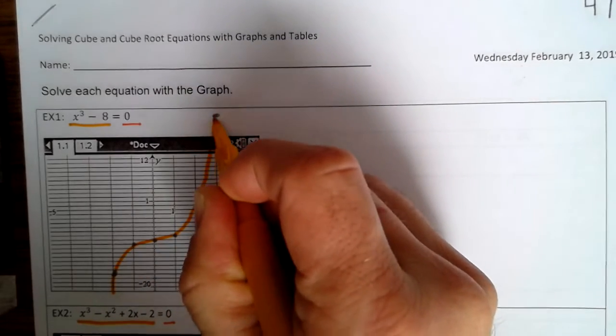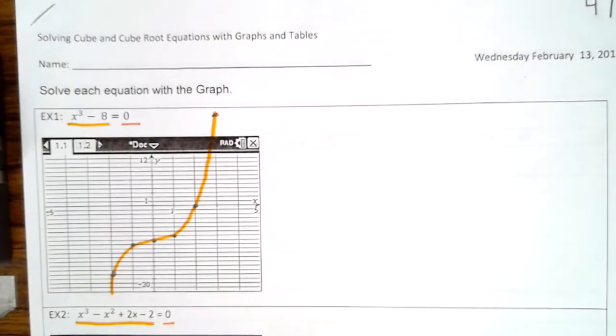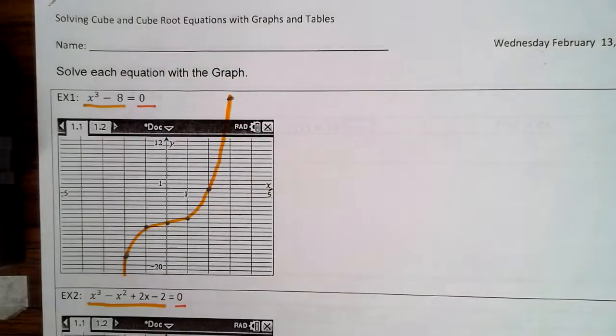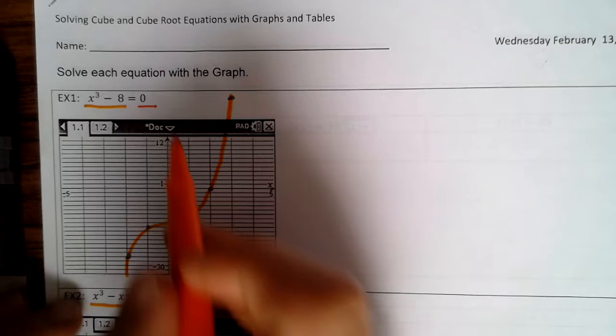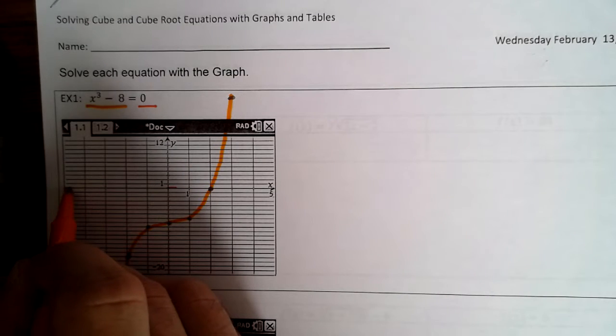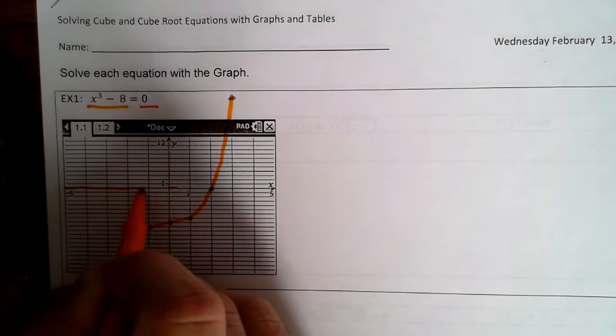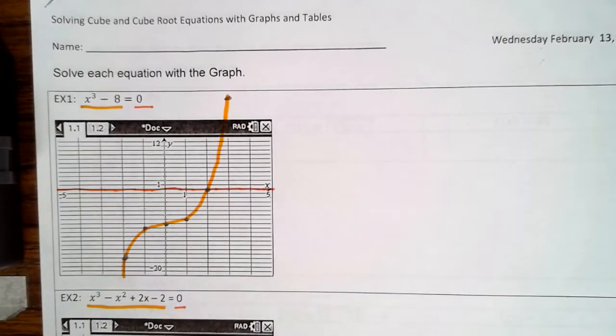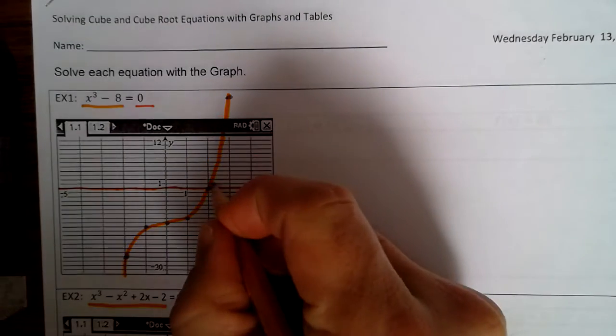Now, you don't need to graph the right side in the calculator because it's just a horizontal line at 0. Okay, so here's your point of intersection, which looks like it's 2, 0.